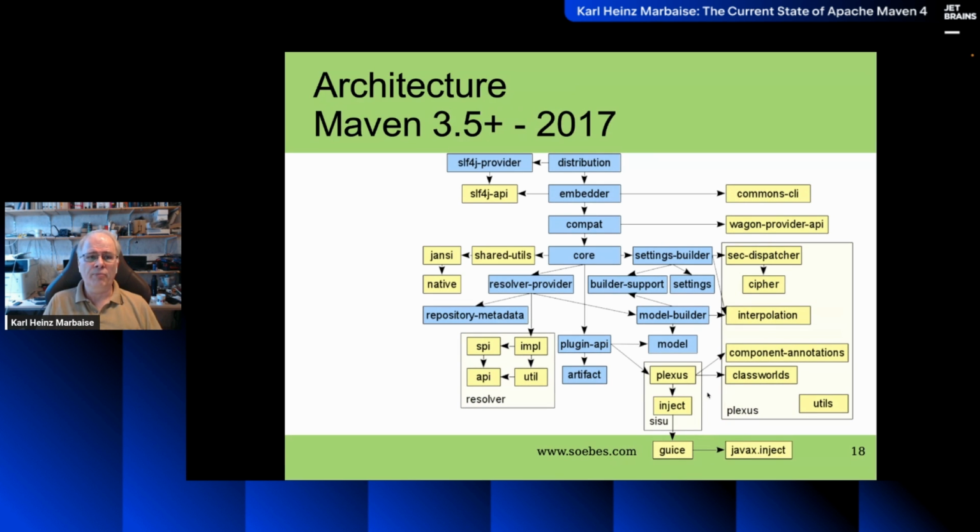And then we have Maven 3.5, and then you see some changes. We have a logging API, SLF4J API on the left side. We have added JUnit or something like that. Yeah, we could do colors on the command line, on the console, things like that. And you see also the Plexus inject and juice on the bottom.